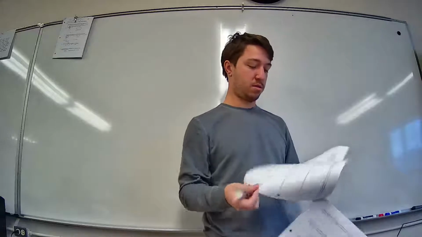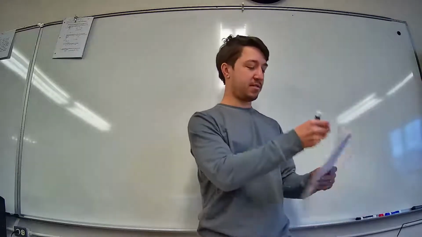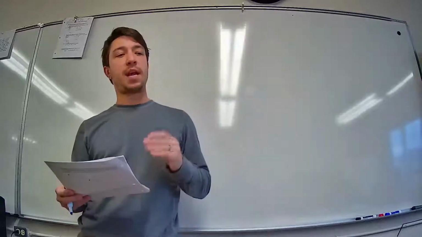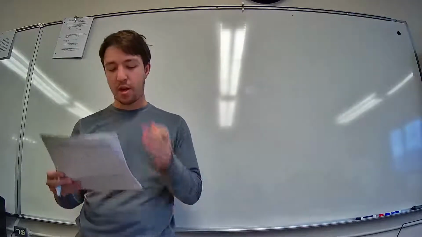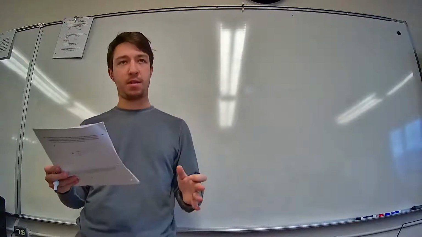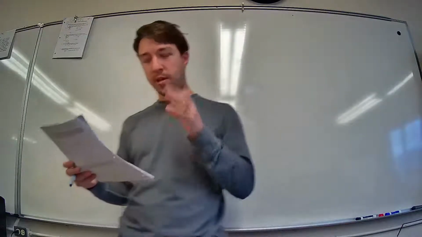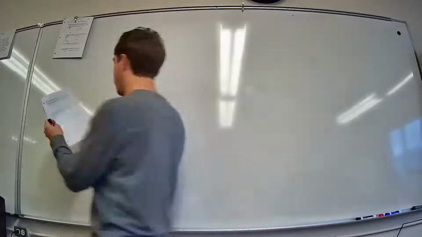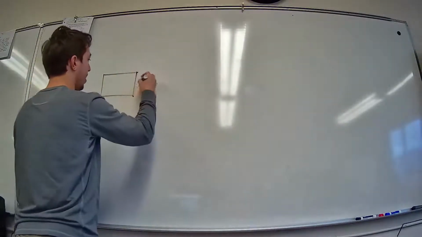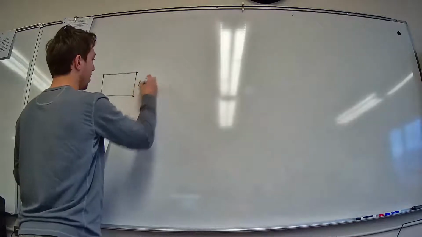Sure, 4. Okay, the constraint is often stated as a fact, meaning the perimeter of a rectangle is 40 feet. So when you read that little sentence, that's your constraint. Here's a rectangle, and a rectangle has a width and a length.